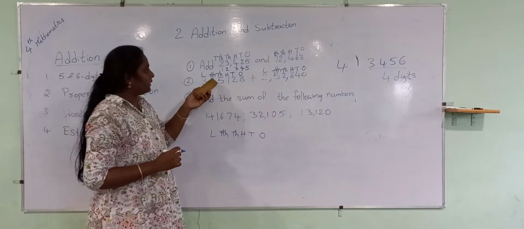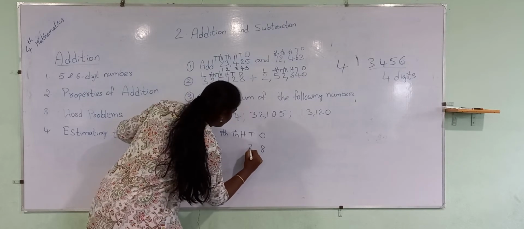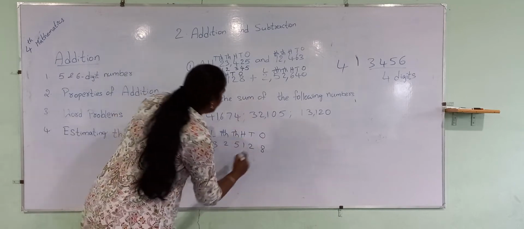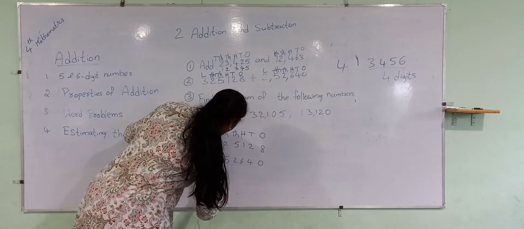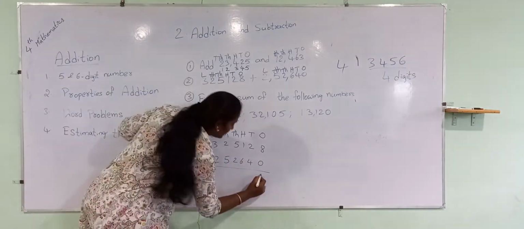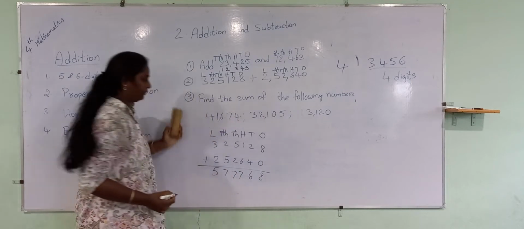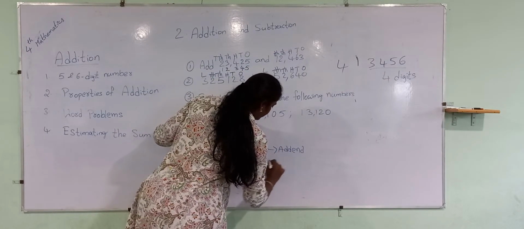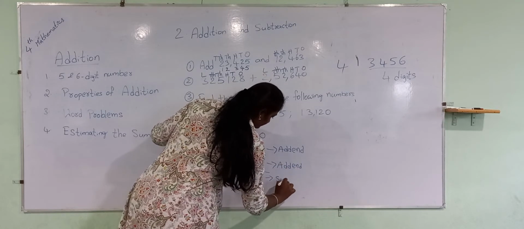Here they give a 6-digit number, that is up to the lakhs period. Don't forget to put the symbol. Now addition: 8, 6, 7, 7, 7, 5. So these are called addends. The result is called sum.